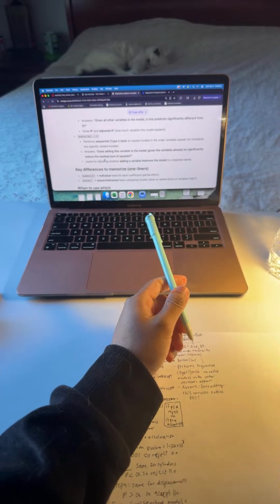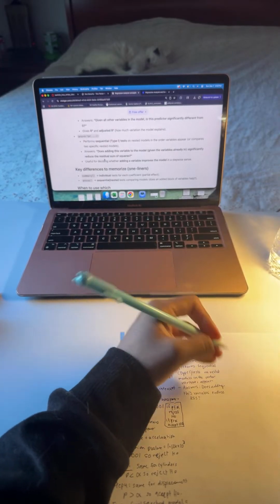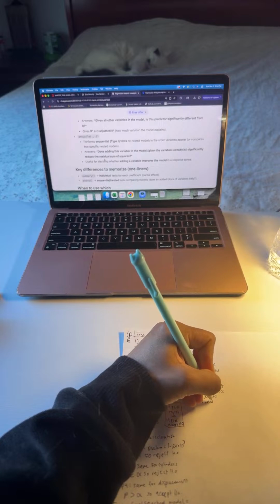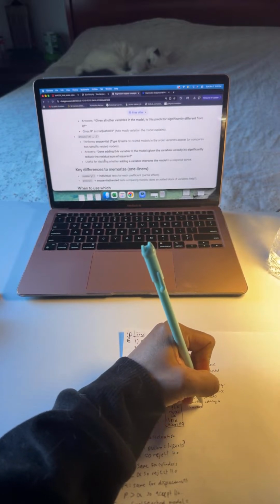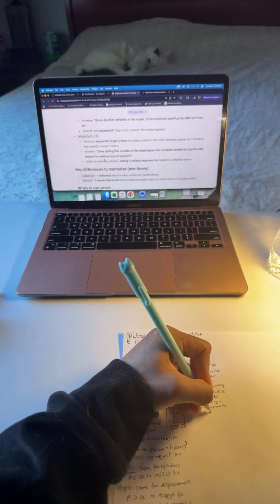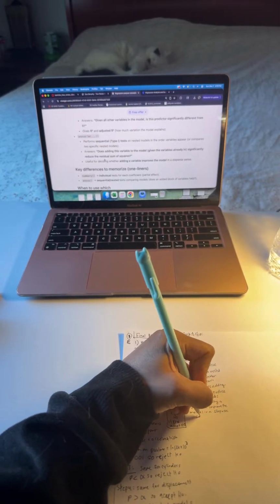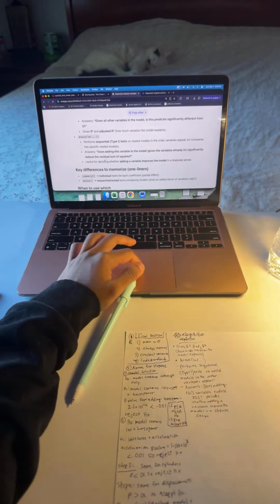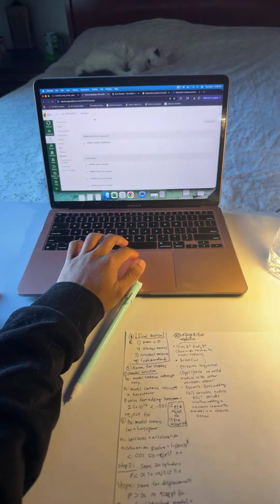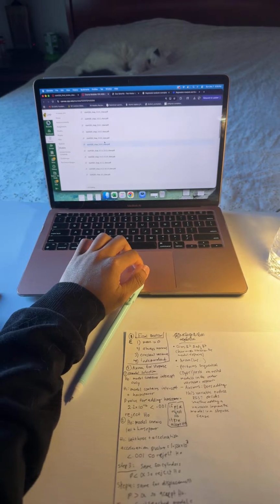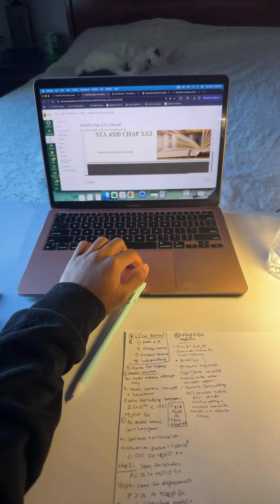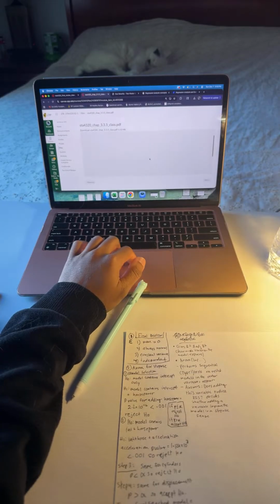Useful for deciding whether adding a variable improves the model in a step by step. So here are all the chapter slides, and I'm wondering if I should take a look at these.